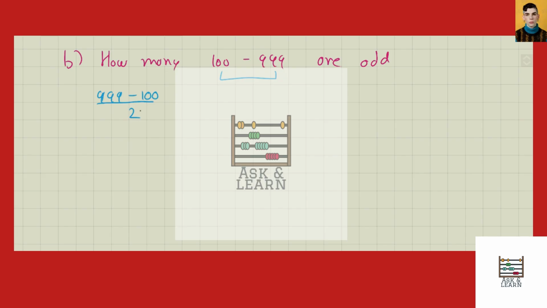Why? Because half of the numbers are going to be odd and half of them are going to be even in this kind of interval. But this probably is not going to give you an integer number, so you need to take the floor function again. And this is going to be equal to 450 odd numbers, and the same number are going to be even.